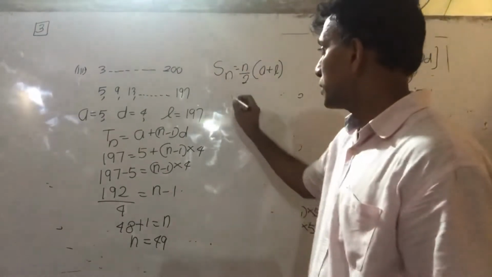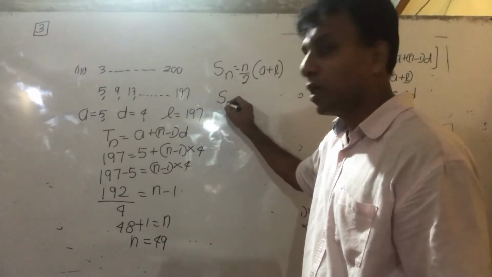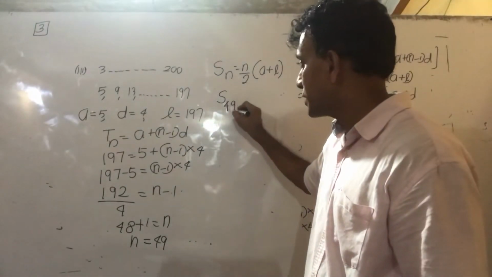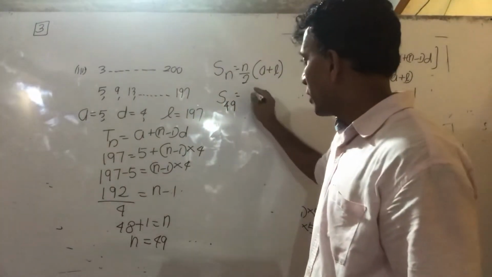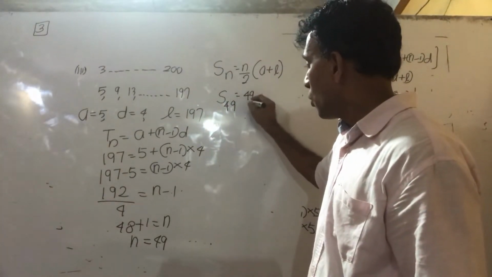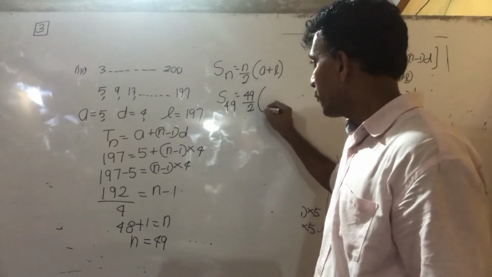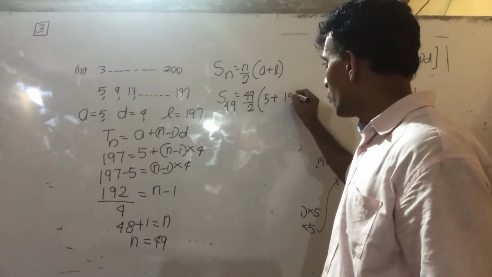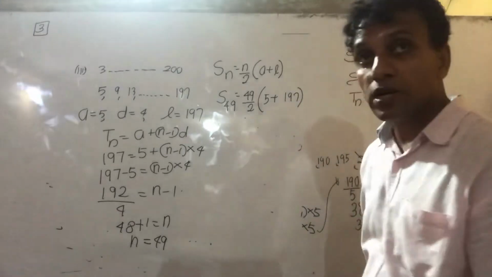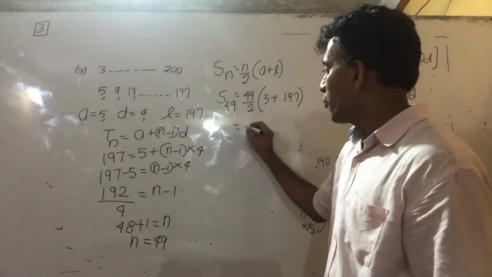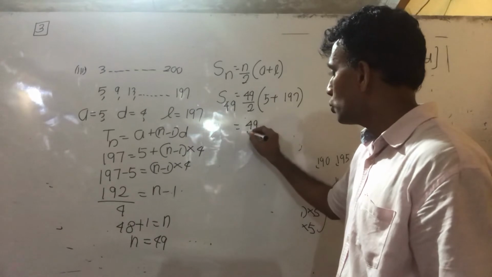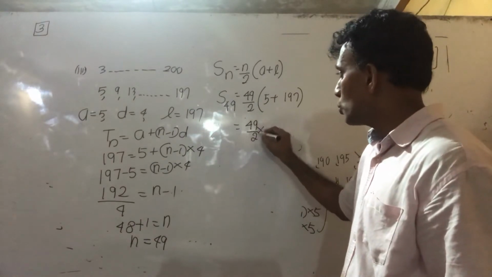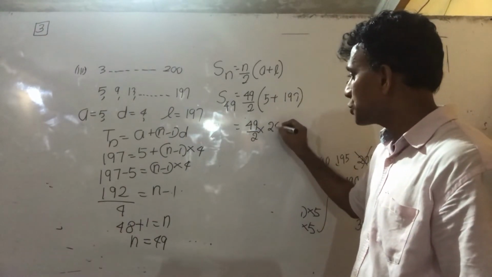So what is the answer? S49 equals 49 over 2 into (5 plus last number 197). So 49 over 2 into 202.